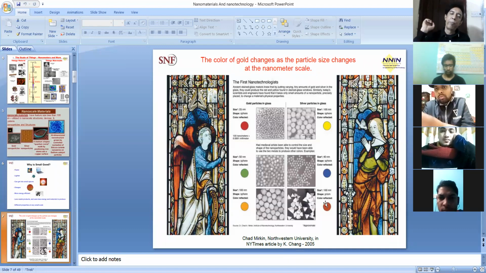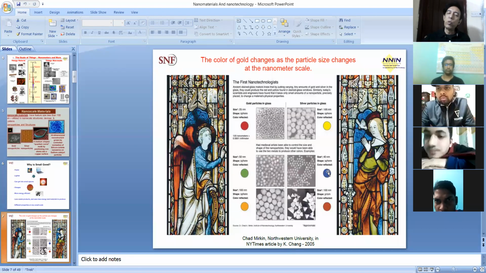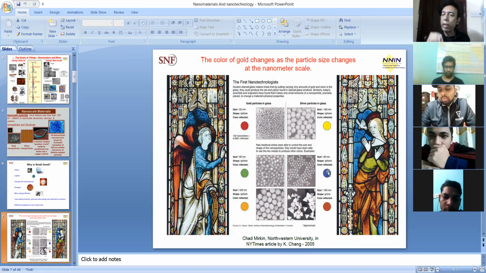When the size of the silver is reduced, meaning when you take nanomaterials of silver, say for example, you have taken 10 atoms of silver, then it is a nanoparticle. You have taken 50 atoms of silver, then it is a nanoparticle. If you have taken 150 atoms of silver, then it is a nanoparticle. But if you have taken the Avogadro number of silver, then it will be a bulk material.